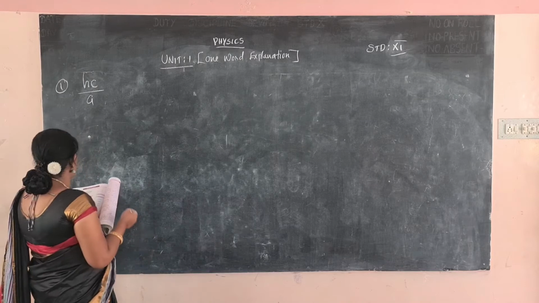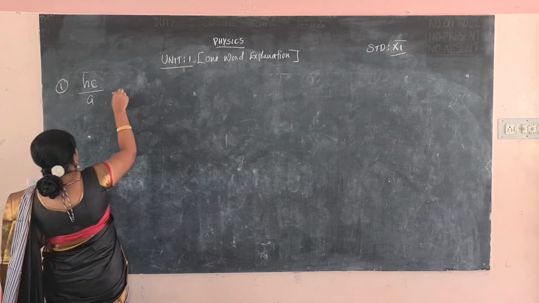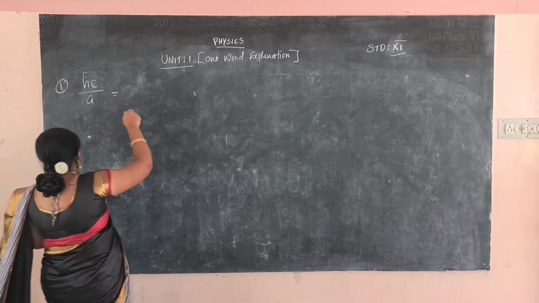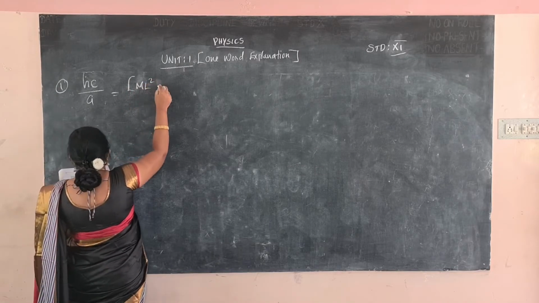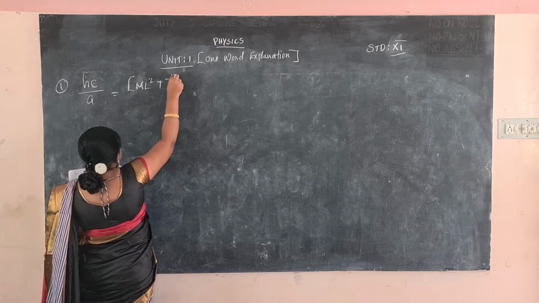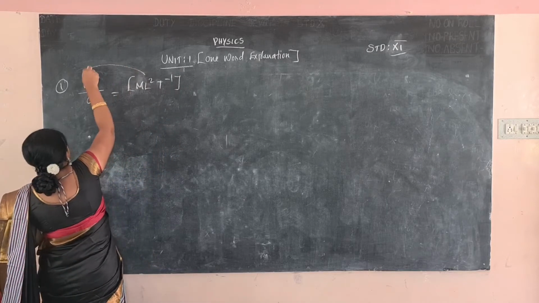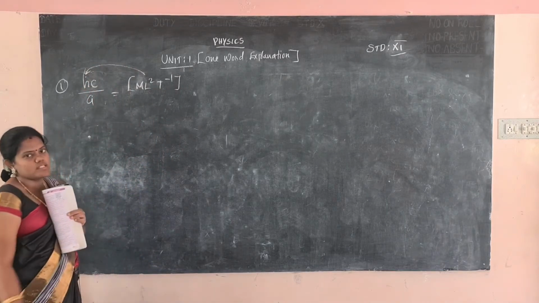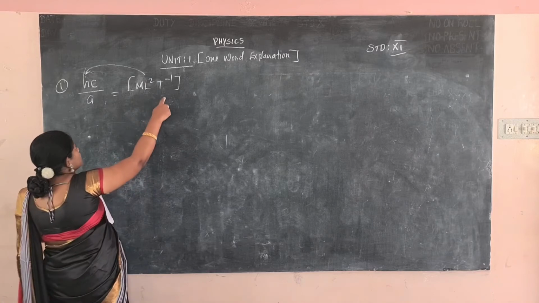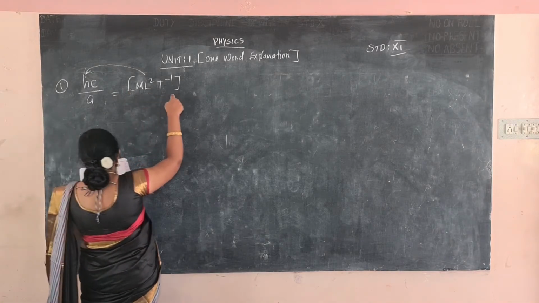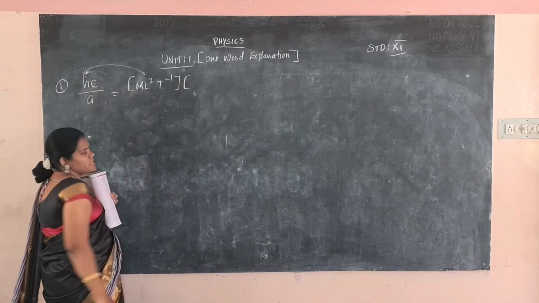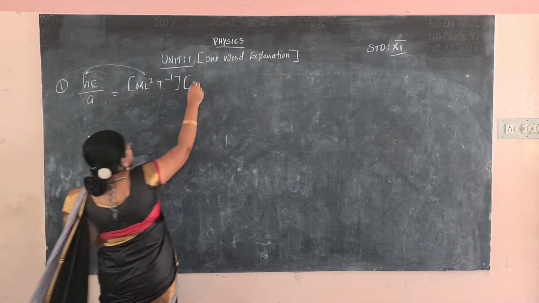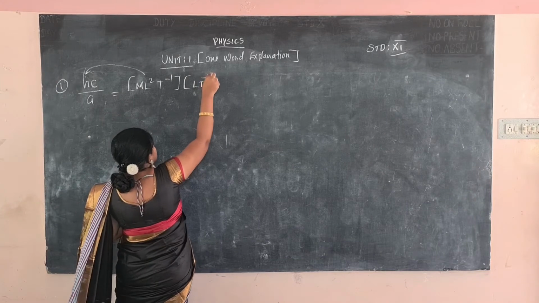So first, what is the dimension formula for Planck's constant? H is Planck's constant. The dimension formula is M L square T power minus 1. C is velocity, and its dimension formula is L T power minus 1.